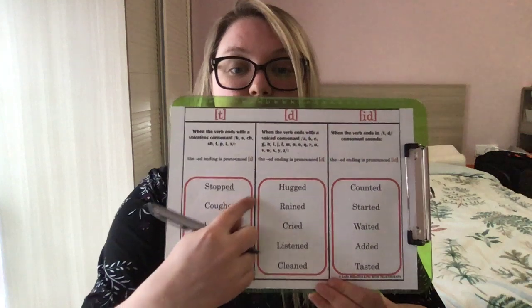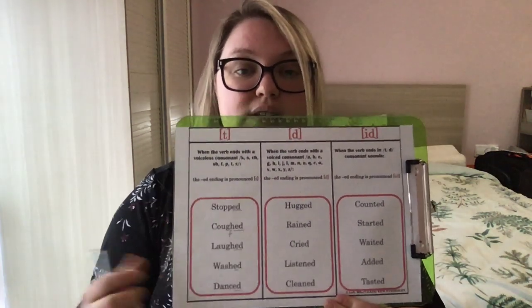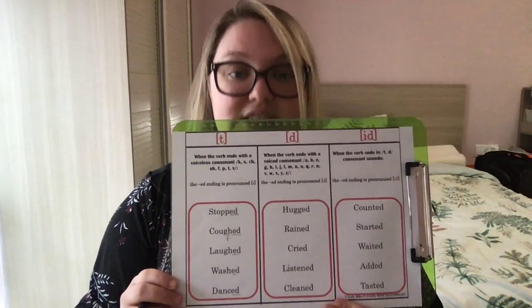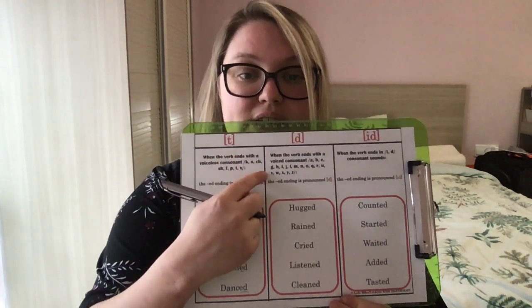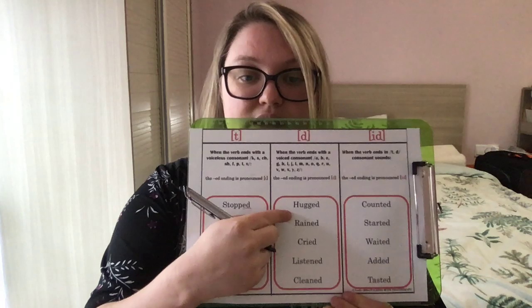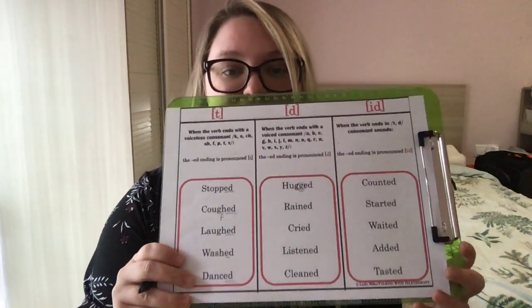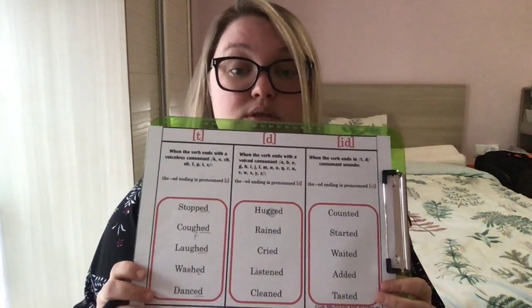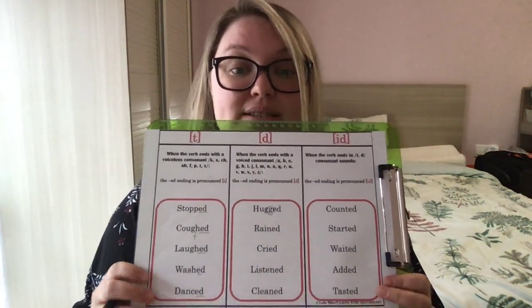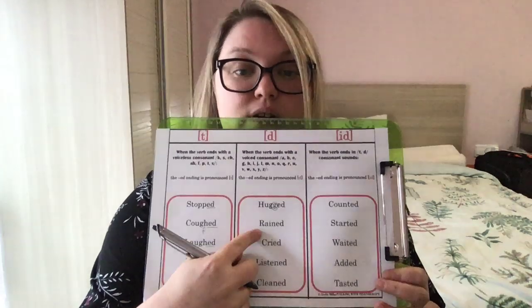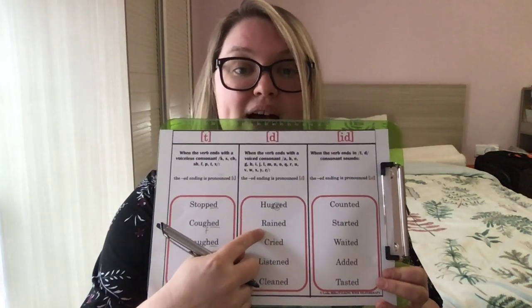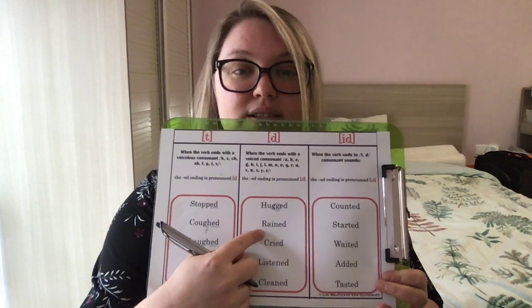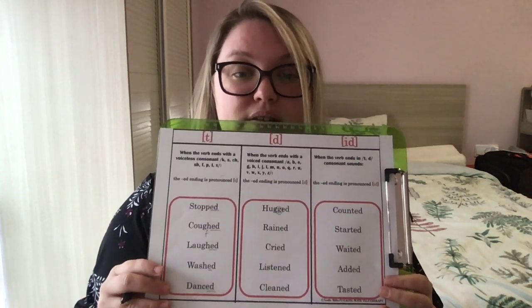So the verb hug in past tense is hugged, because of the G. The G tells us what sound the past tense makes. Here we have rain. The past tense is rained.